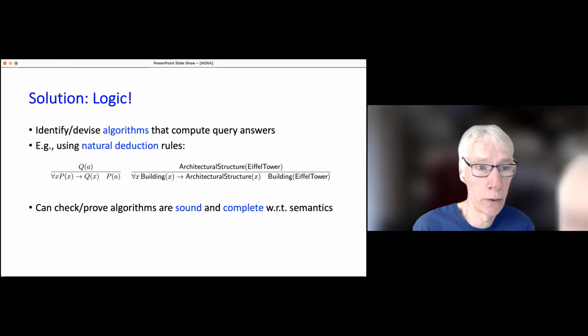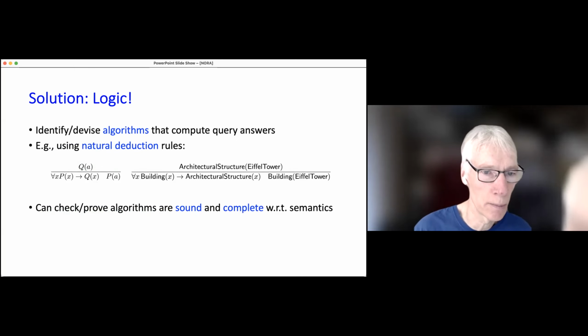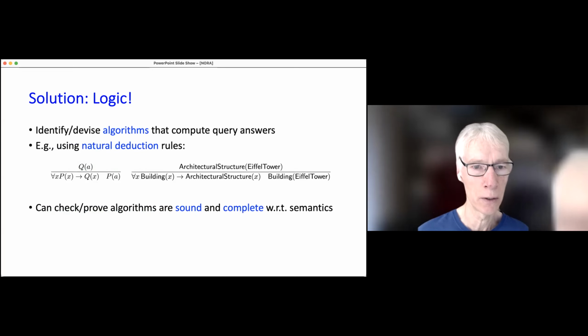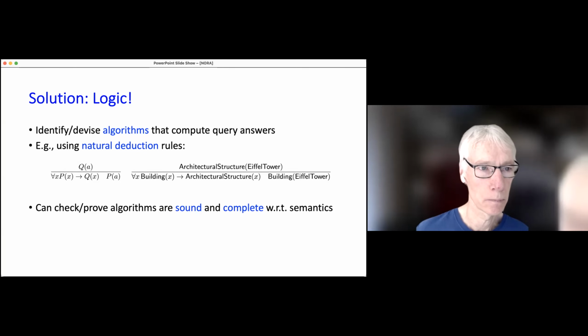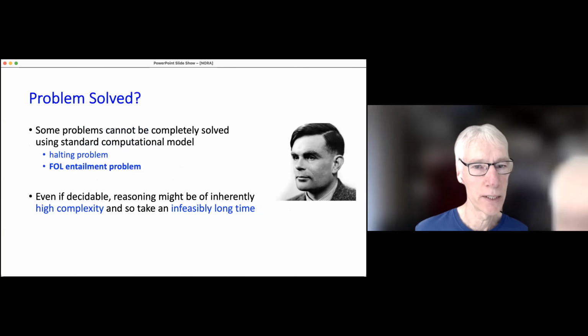For example, we could decide to use natural deduction rules, and one of those rules we can use directly to compute the fact that the Eiffel Tower is an architectural structure. And we can even find proofs in our textbooks that these algorithms are really doing what they're supposed to do. They're sound and complete, and they always give us the right answer. So all this looks really great. So did we solve the problem?